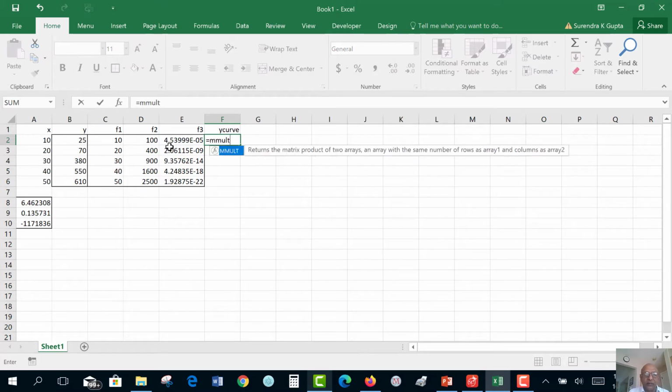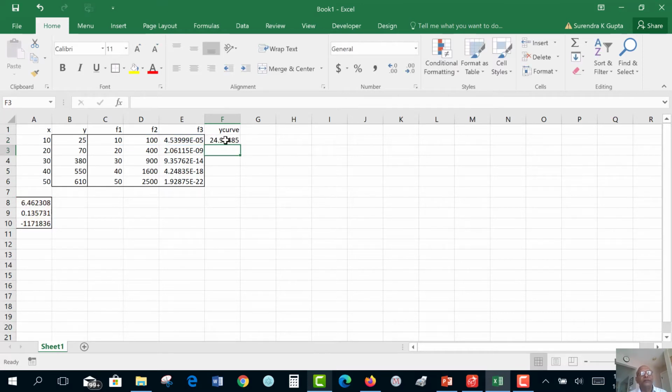So we'll do matrix multiply first row by CC. But it'll be a single value. So I just hit enter, copy this formula down, and this is our Y of curve.